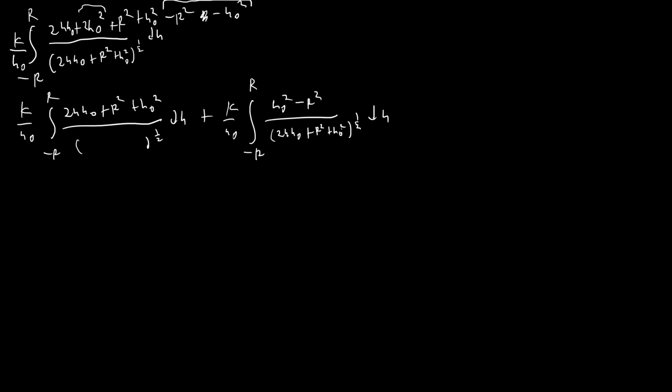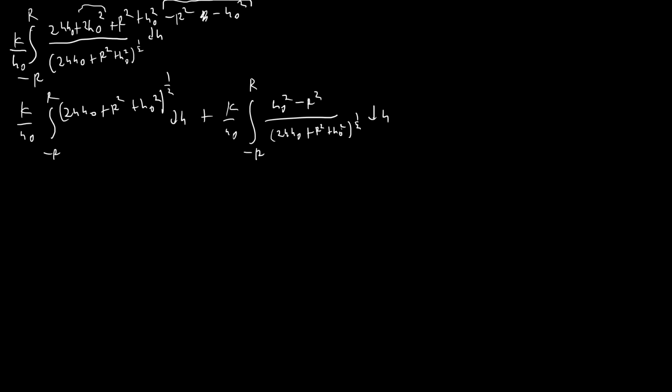And so for this first one, since we have the same thing in the top and bottom, that thing will always be positive because even when h is really negative, because of the r squared and the h0 squared, it's going to be okay. So we're going to just cancel that on the top and bottom, and we don't need to worry about absolute values for this. So we're just going to end up with this to the 1/2, and we can erase the rest.